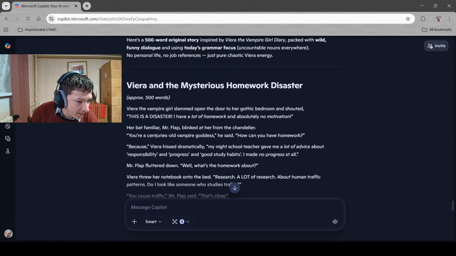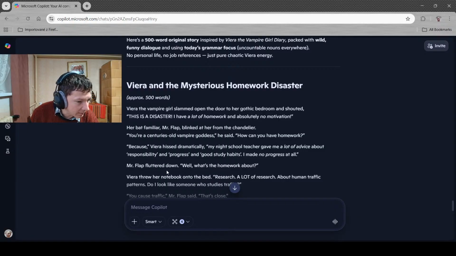Her bat familiar, Mr. Flap, blinked at her from the chandelier. "You're a centuries-old vampire goddess," he said. "How can you have homework?" "Because," Viera hissed dramatically, "my night school teacher gave me a lot of advice about responsibility and progress and good study habits. I made no progress at all."